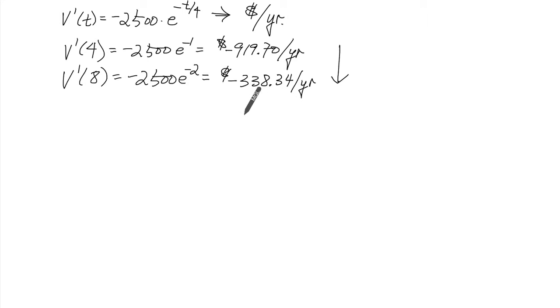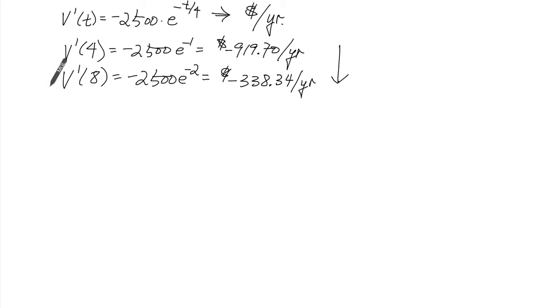Now, the question itself is asking, at what time does Laura's motorcycle depreciate in value the fastest? So at what time is v prime of t, the rate of change of v of t, the fastest?